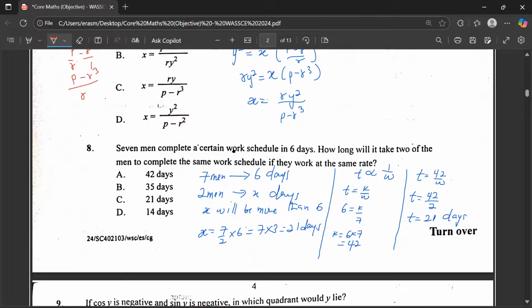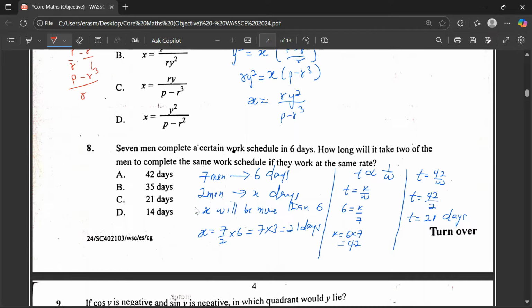Now question 8 says that 7 men complete a certain work schedule in 6 days. How long will it take 2 of the men to complete the same work schedule if they work at the same rate? What we are saying is that 7 men take 6 days to complete a work, and we are asked how many days it will take 2 men to complete the same work if they are working at the same rate.